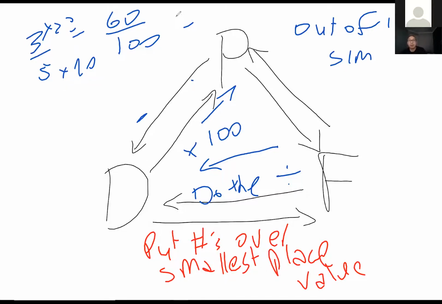So either way works. Obviously, I've done easy numbers here. I'll give you much harder numbers in the question set later, but that's how you convert between percentages, decimals, and fractions. Hopefully you've remembered that.